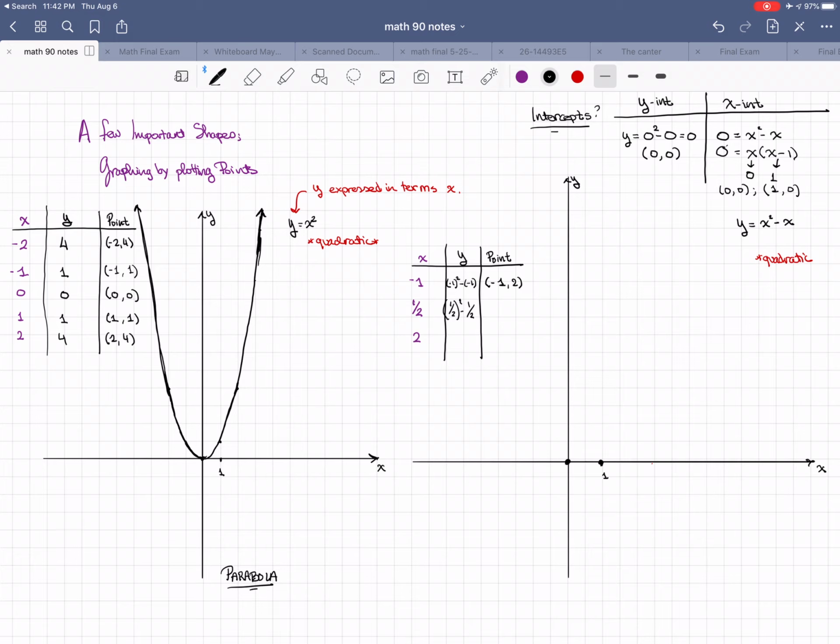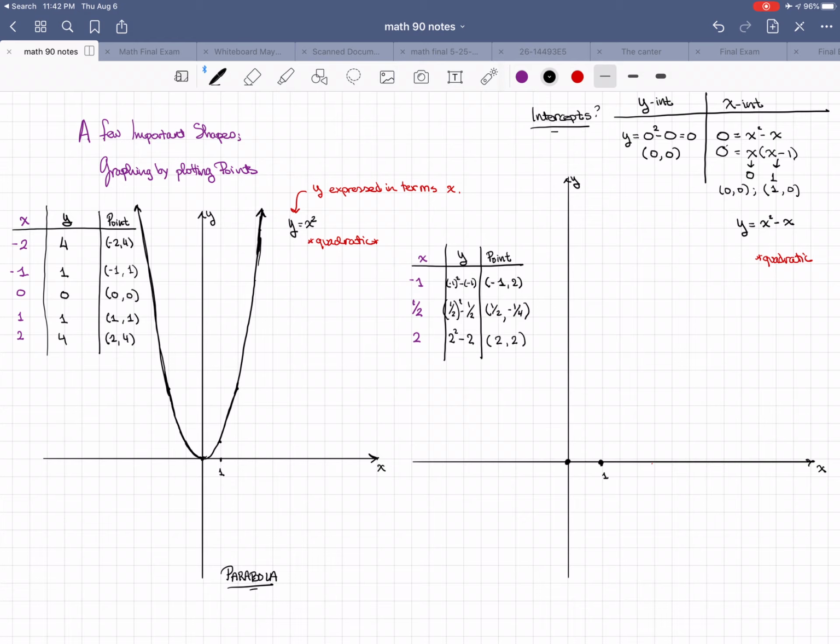So 1/2 is 2/4. So this turns out to be x coordinate 1/2, y coordinate -1/4. And then last but not least, when x is 2, y is 2 squared minus 2, which is 4 minus 2, and that's back to 2.